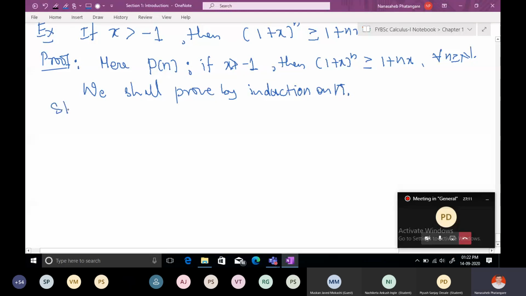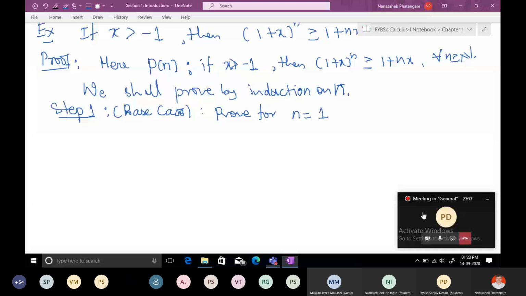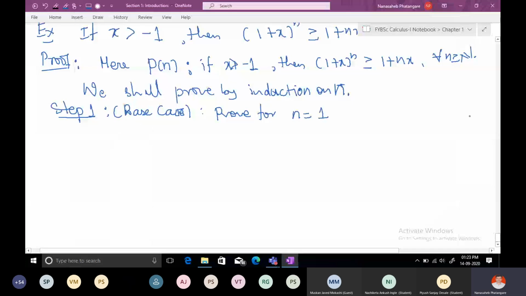Step 1 is the base case. So what is the base case? Prove for n is equal to 1. So try to prove the statement for the n is equal to 1 case, and then for n is equal to 1.